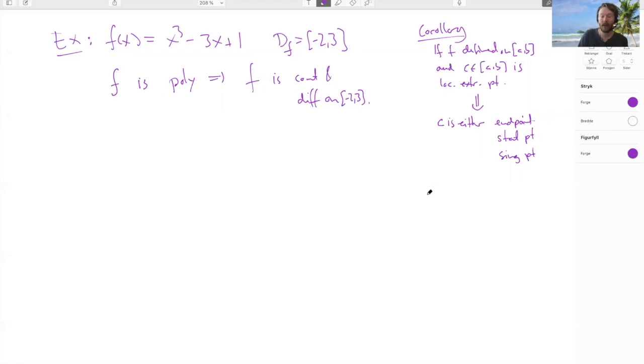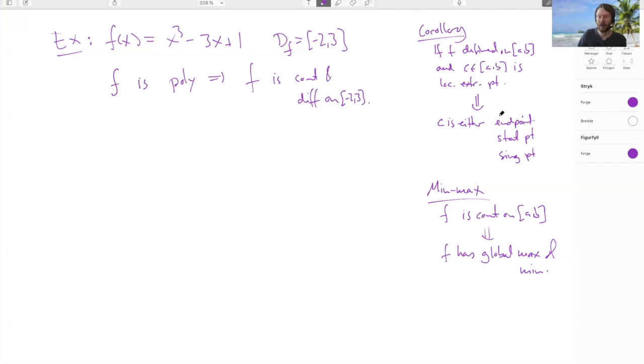And now we can use the Min Max Theorem, which says that if f is continuous on some interval [a, b], then f has a global max and min. What does this tell us? Well, first of all, this function has a global max and a global minimum, since global max and global minimum points are also local max and local minimum points.